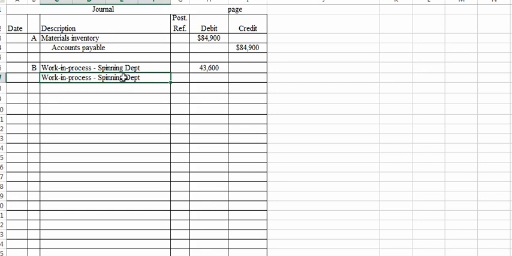I'm also going to debit work in process for the tufting department for the carpet backing cost, $34,100.